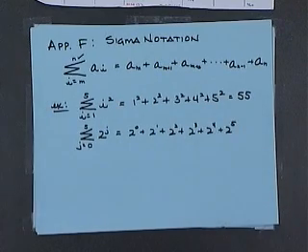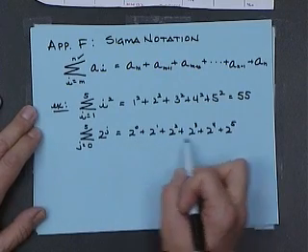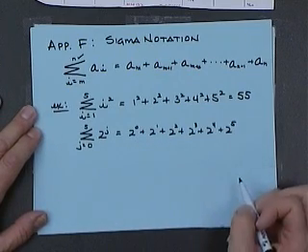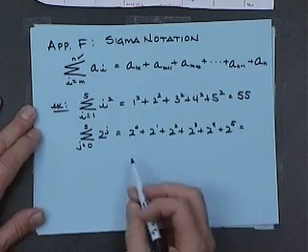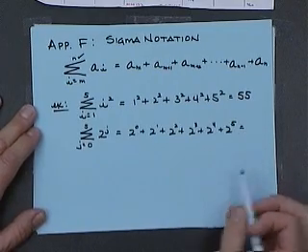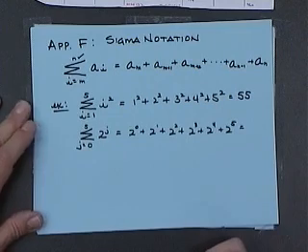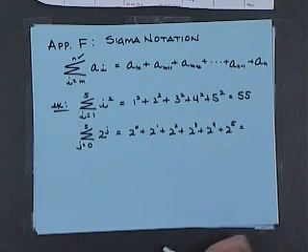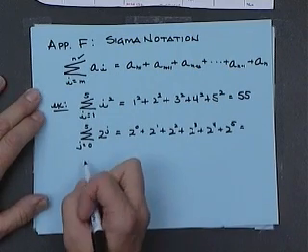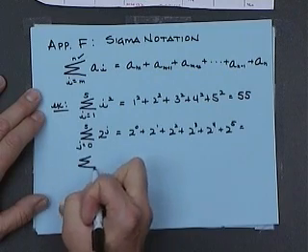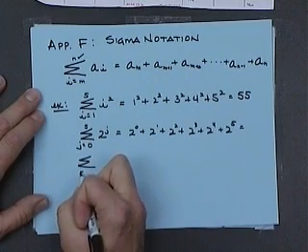Okay? So you can't always look at the top number and say there'd be 5 terms, because that would be true only if you're starting at 1, right? Here we're starting at 0, and we have 6 things being added together. Okay, the rest of it's arithmetic from there, right? Adding together 2 to the 0 all the way to 2 to the 5th. That's not the issue.